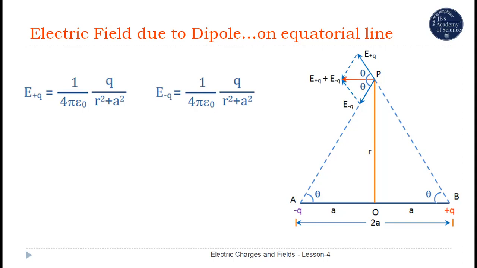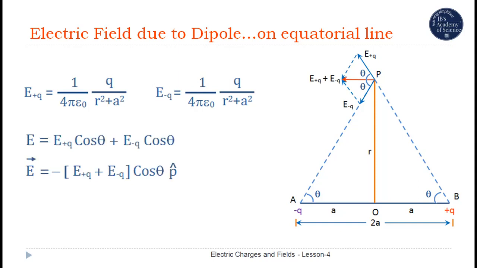Therefore, half of that will be theta. The red arrow vector, which shows the resultant electric field direction, is parallel to the axis of the dipole. Now, take the cos components of the electric fields E plus Q and E minus Q. Sine components will get cancelled. So cos components will be in the same direction. So the resultant field is due to the cos components.